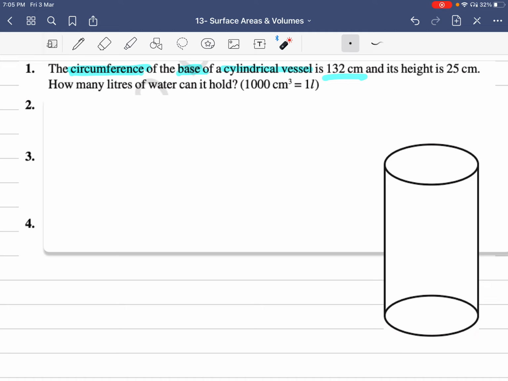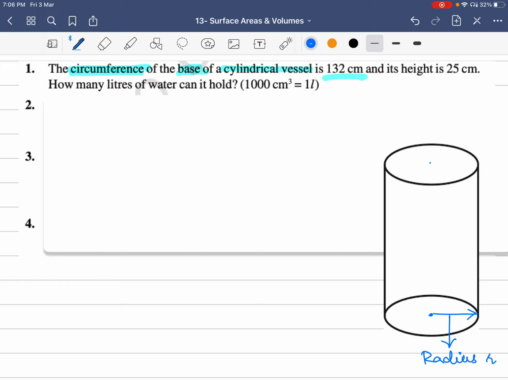So we know that in a cylinder, there are two parameters needed to calculate the volume. One is the radius, so this is our radius r, and one is the height.